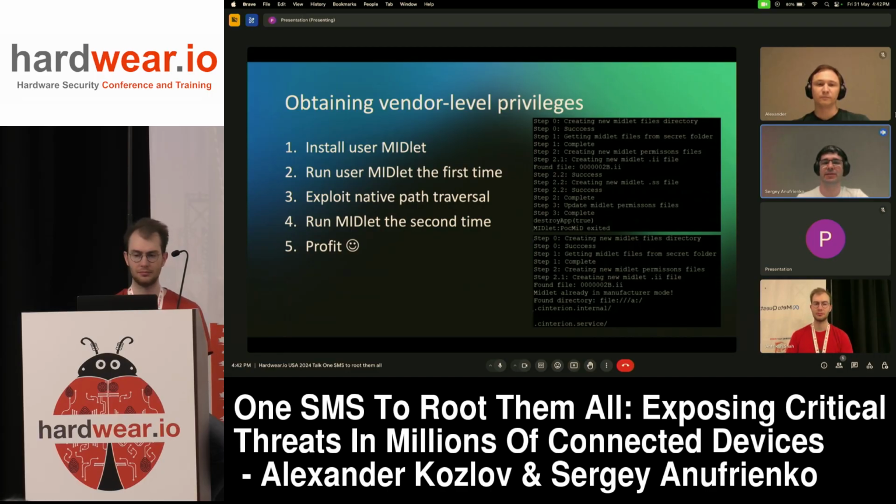The global restriction only applies to JAR files. So we crafted a midlet which elevates its own permissions to manufacturer level by finding its permissions description file in the hidden storage root and then overwriting it with a file which gives full permissions. And now we're going to demonstrate how it works.